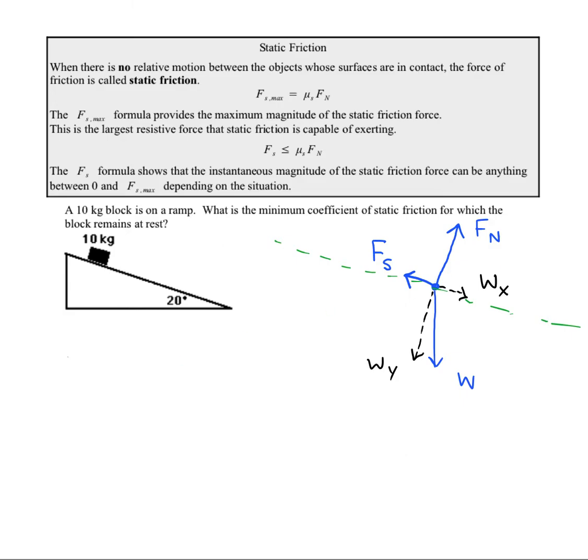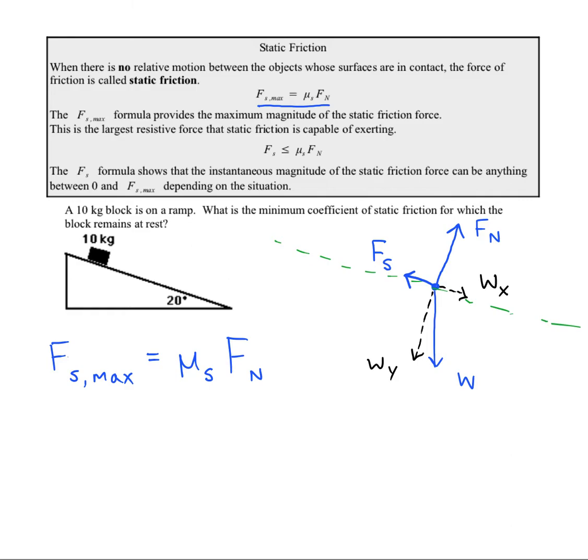Now, since we're looking for the friction to be the most that it can possibly be in this situation, I'm going to use this top formula, which says Fs max, the maximum possible static friction, equals mu sub s, which is the coefficient of static friction, times the normal force.